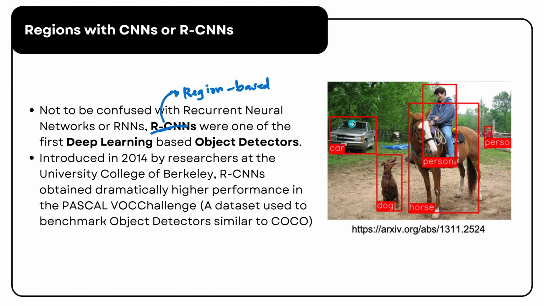It could detect multiple objects like people, dogs, a horse, and a car, all accurately boxed and labeled. While newer models like Faster RCNN and YOLO have improved upon its speed, RCNN laid the foundation for how we approach deep learning in object detection today.